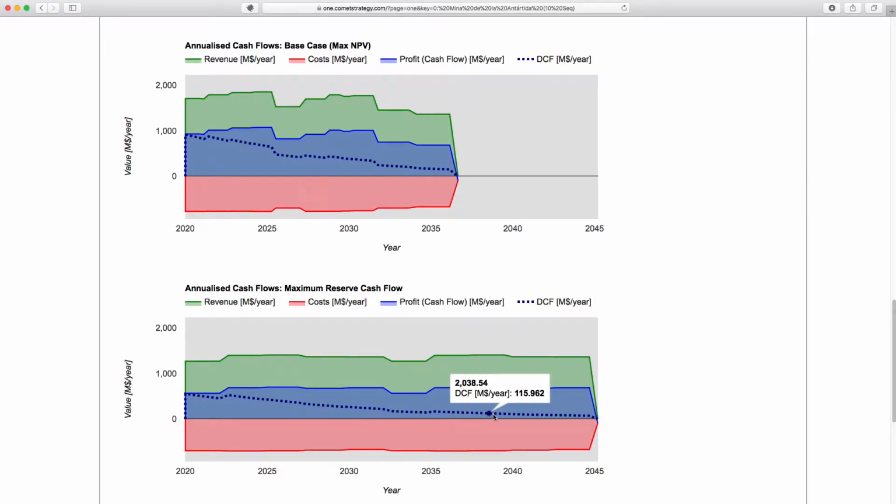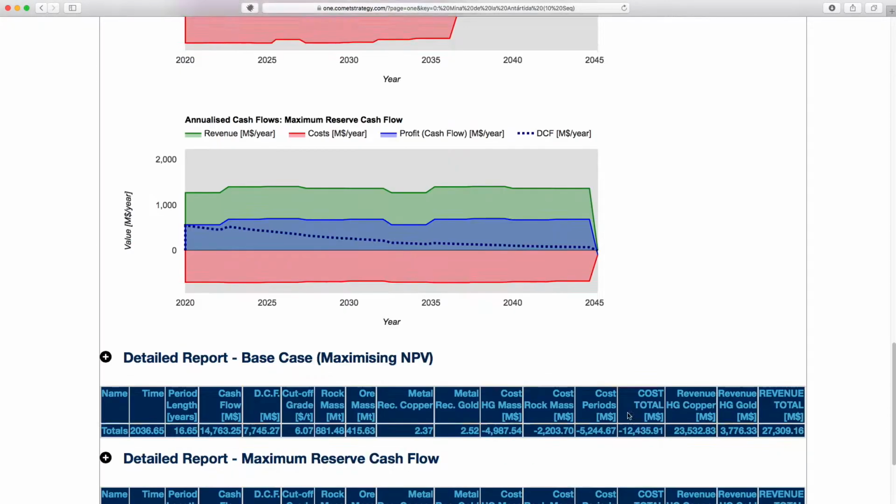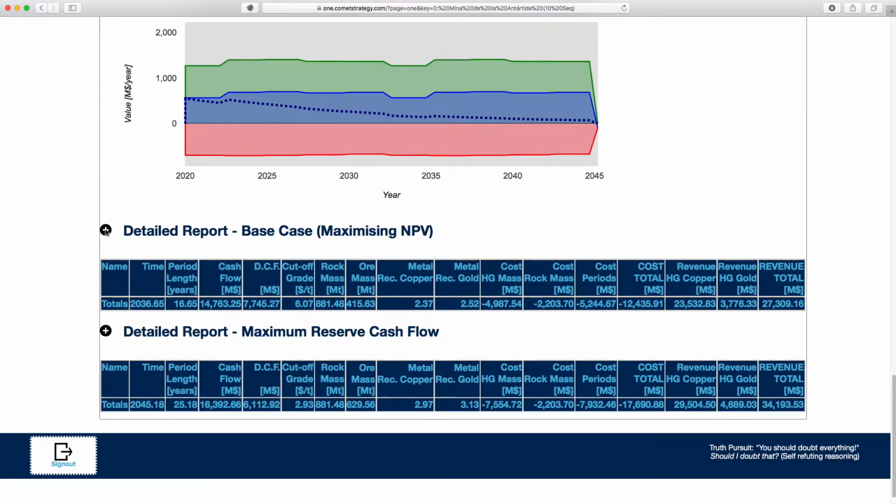Let's look at some of the numbers behind these charts now. If we look at the summary statistics, you can see that the base case cash flows are actually quite a bit lower than the maximum reserve cash flows. So we generate a lot more money in terms of cash flow, but the problem is the discounted cash flow is much lower.